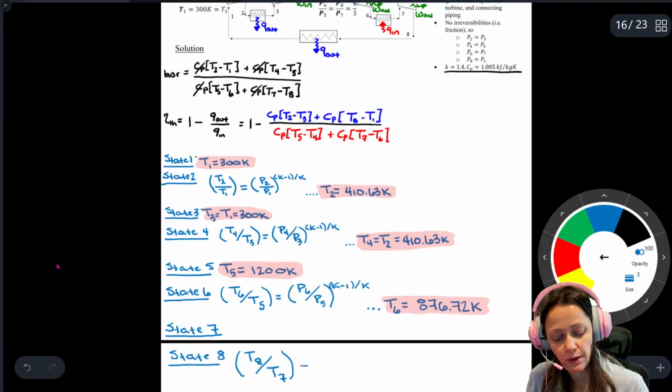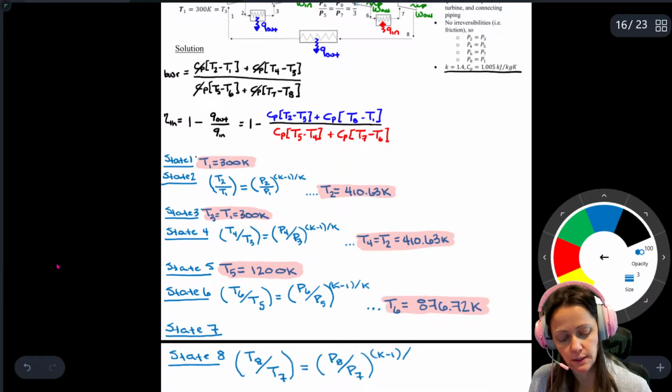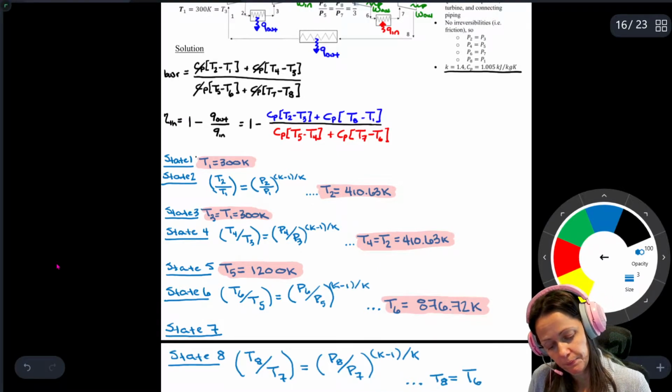But when we apply our isentropic relationship for that second turbine, what we'll see is that our outlet condition is the same. In other words, our T8 is going to be equal to T6. Of course, our T7 is the same as T5 that's given to us.